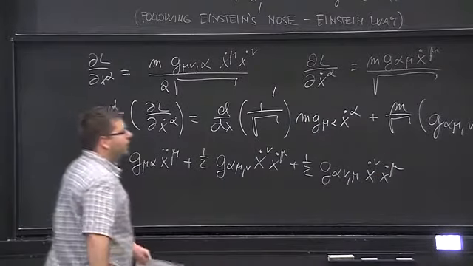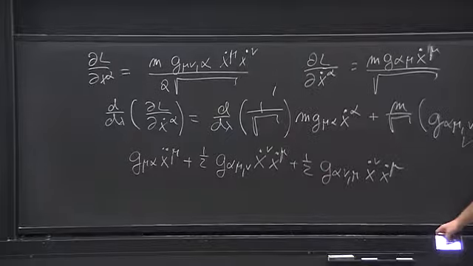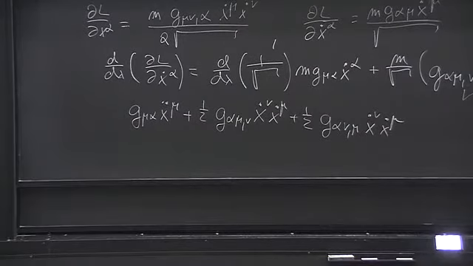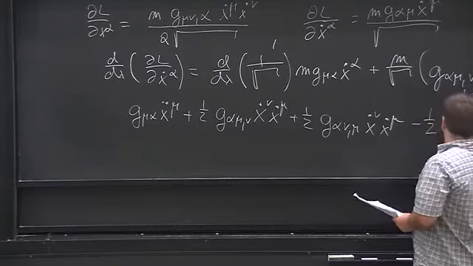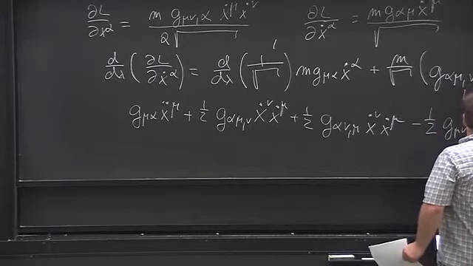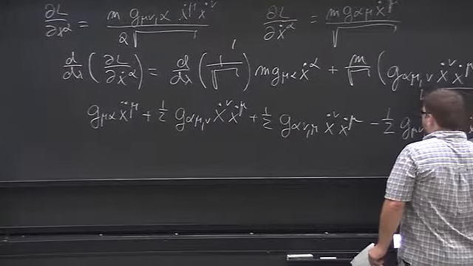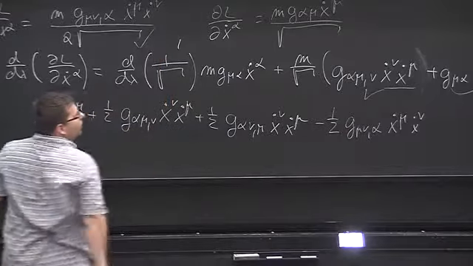That's just writing this term using the fact that it must be symmetric in nu and mu. And then finally I have that term with a minus sign: minus 1/2 g mu nu, alpha x dot mu x dot nu. So that's this term here.